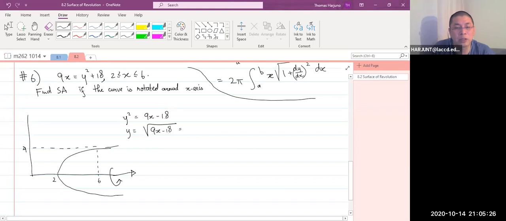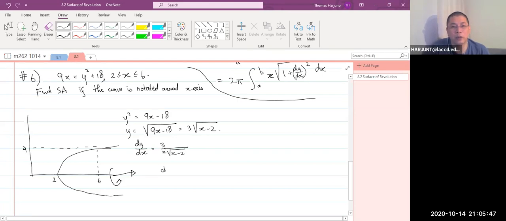I will take the positive branch. This is 3 square root of x minus 2. Do the derivative. 3 over 2 times square root of x minus 2 at the bottom.